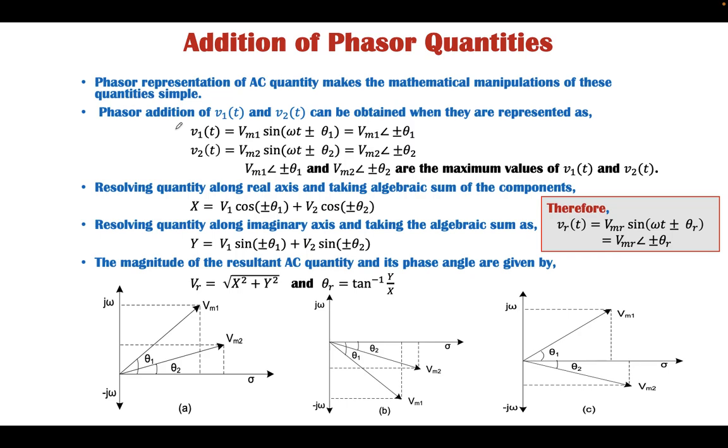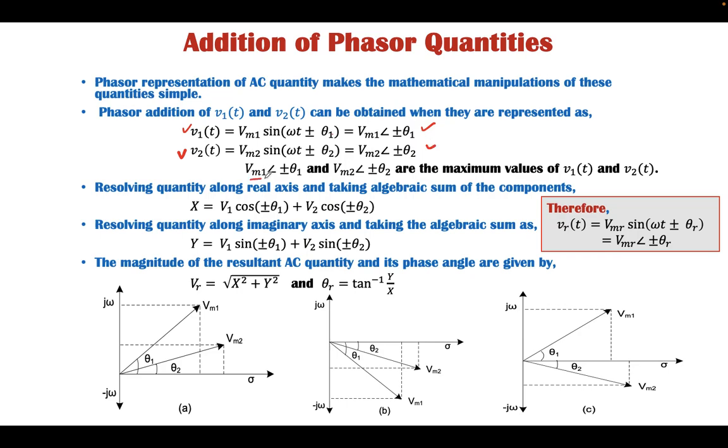Now, what is the significance of these different forms: rectangular, trigonometrical, polar, and exponential? Suppose we have sinusoidal functions, v1 is equal to Vm sin omega t plus minus theta 1, and v2 is equal to Vm2 sin omega t plus minus theta 2. These sinusoidal functions can be written in polar form, that is Vm angle plus minus theta 1, and similarly v2 as Vm2 angle plus minus theta 2.